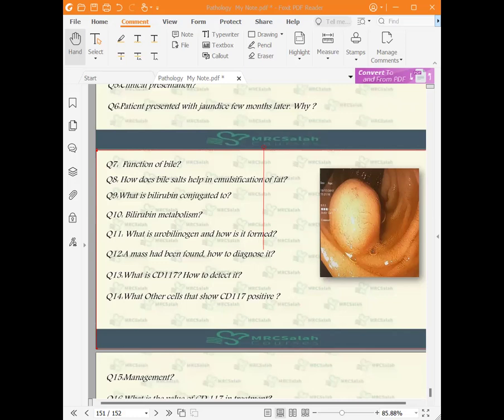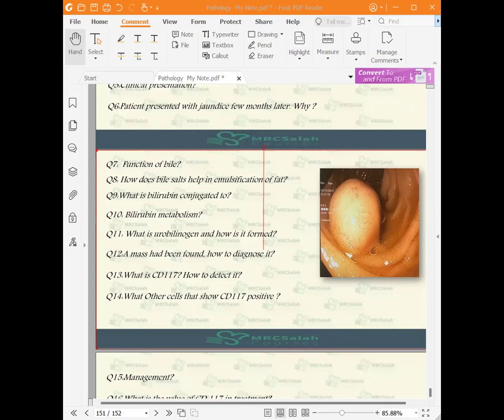In the small intestine this conjugated bilirubin is not absorbed and enters the large intestine, but the bile acid is mostly reabsorbed into enterohepatic circulation.